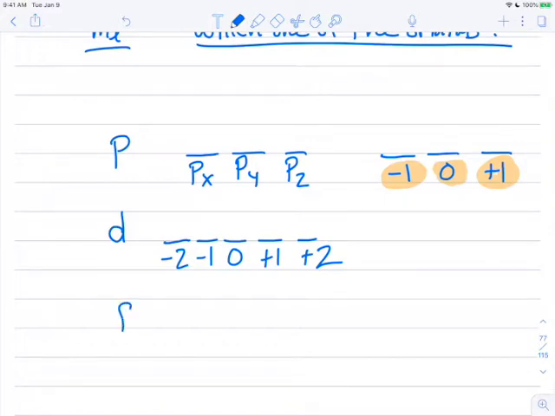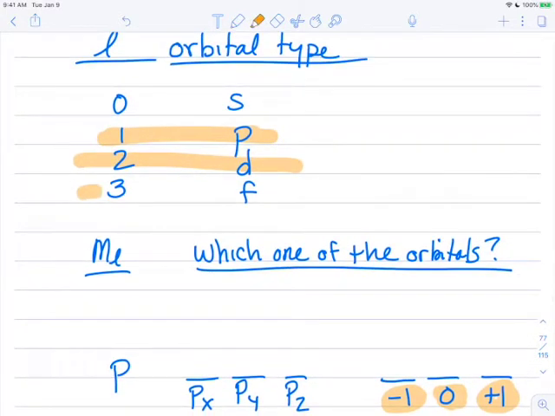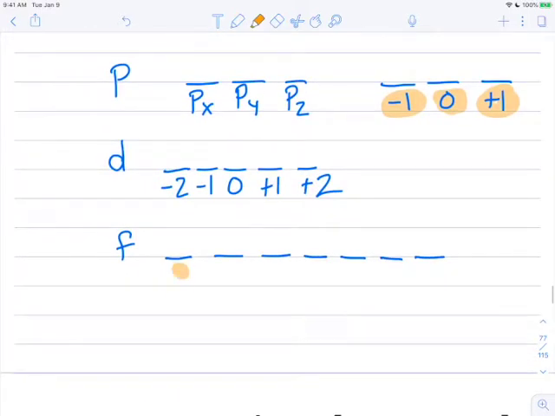All right, so lastly we have our F. And once upon a time, I told you that we have 7 F orbitals. So if I'm going to draw lines, I'll draw 7 lines: 1, 2, 3, 4, 5, 6, 7. And if I look over here, F is labeled as 3. So what do you think the value right here is going to be? -3, excellent.